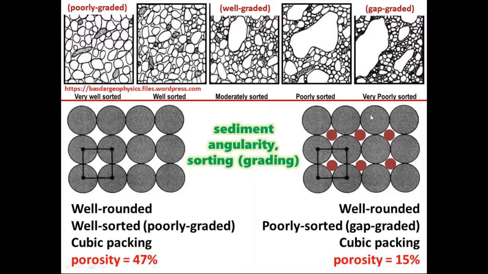If we have a mixture of sediment sizes, so we have our same gray spheres, bigger spheres, but we have smaller guys occupying the void space in between them. Obviously, we're decreasing the amount of open space here, and the porosity would then be about 15% in this situation.